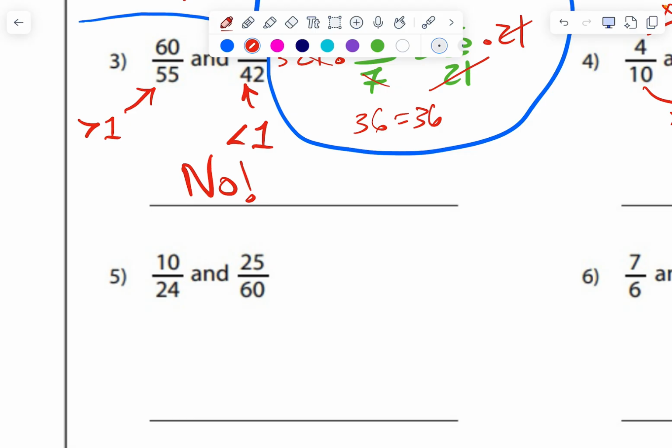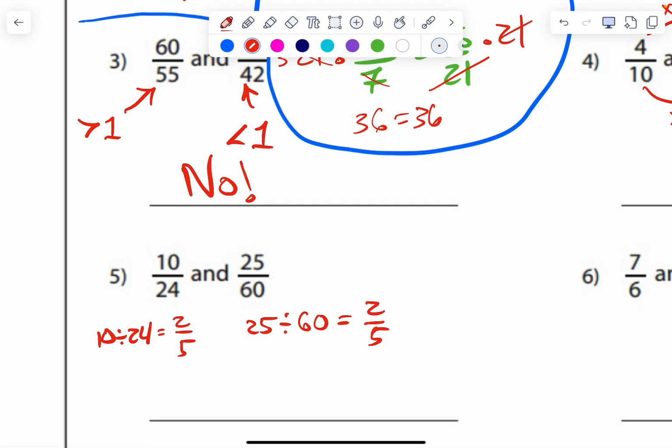But what did you do with the calculator? 10 divided by 24. And what does it equal? 26. Oh, so you didn't do a decimal. Okay, well, we could also just say equals 0.4 for those of you who don't have the calculator that does that.